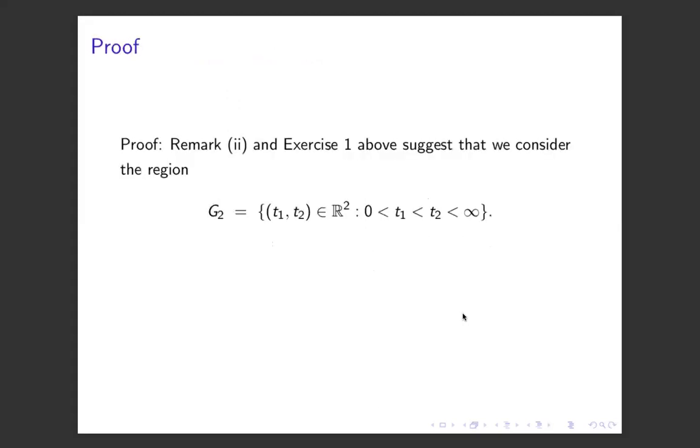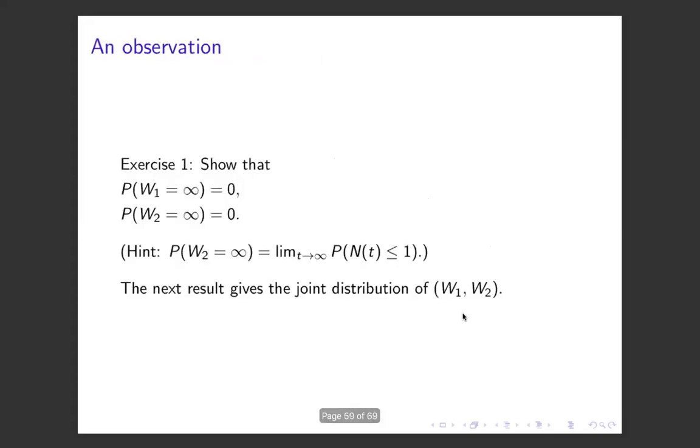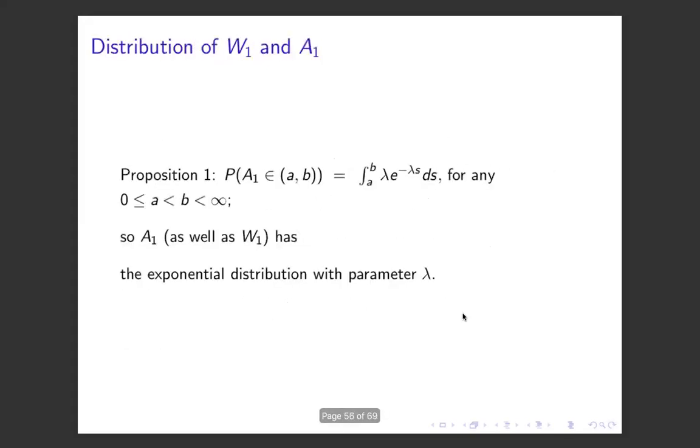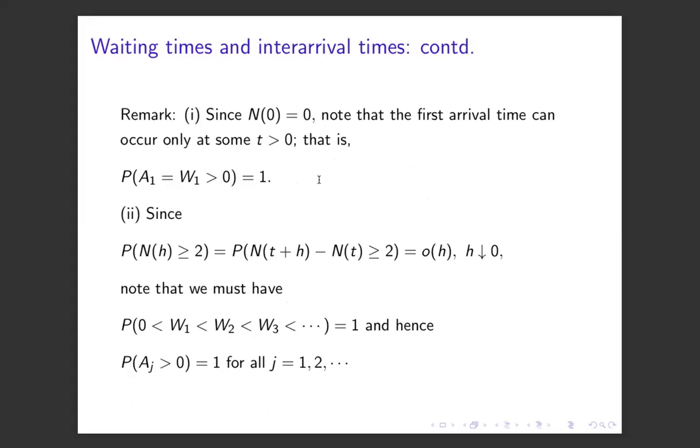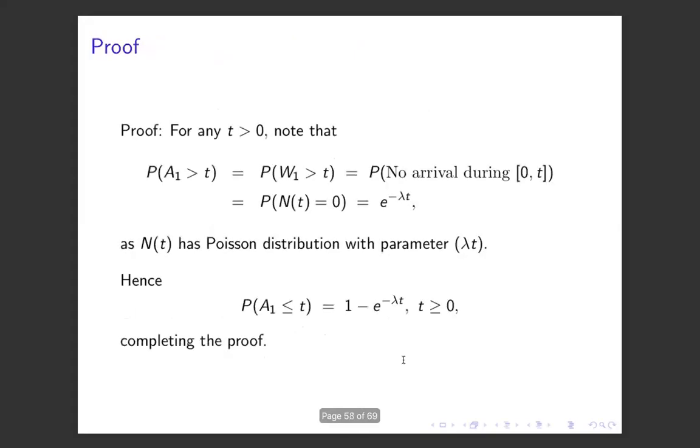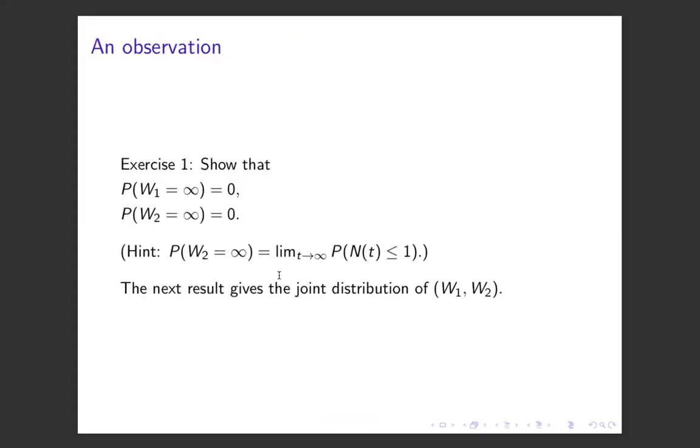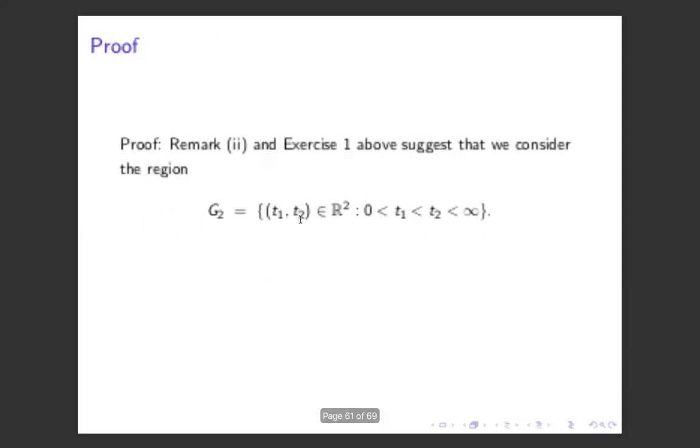All right. So now, because of that remark, the second part of the remark, and this exercise, we consider this region. That is, we expect that the probability that the two-dimensional random variable W1, W2 takes value in G2 is going to be 1, because W2 is strictly less than infinity.